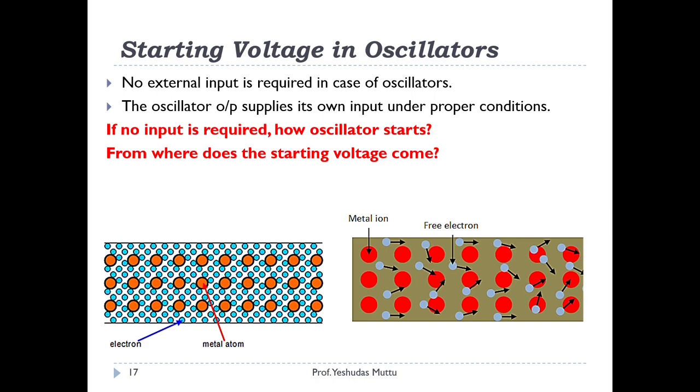So when DC supply is applied to the amplifier, this noise voltage gets amplified, and that's how you get the initial output in the amplifier circuit.